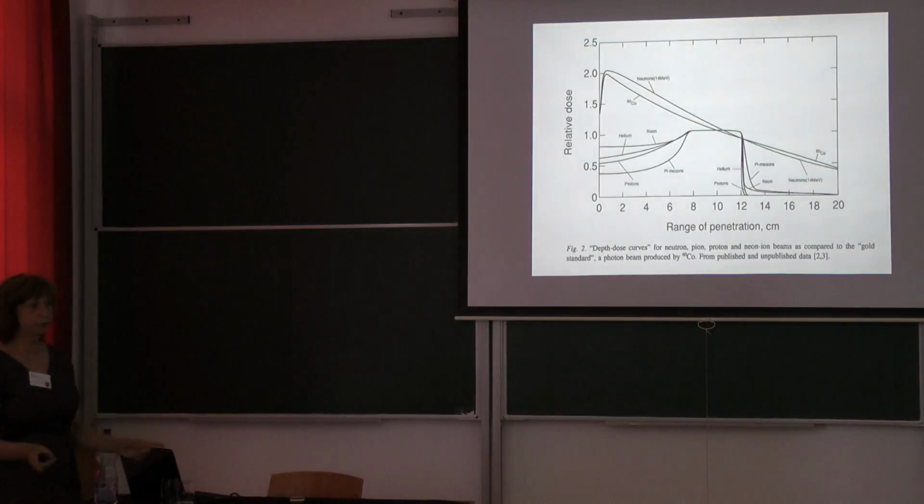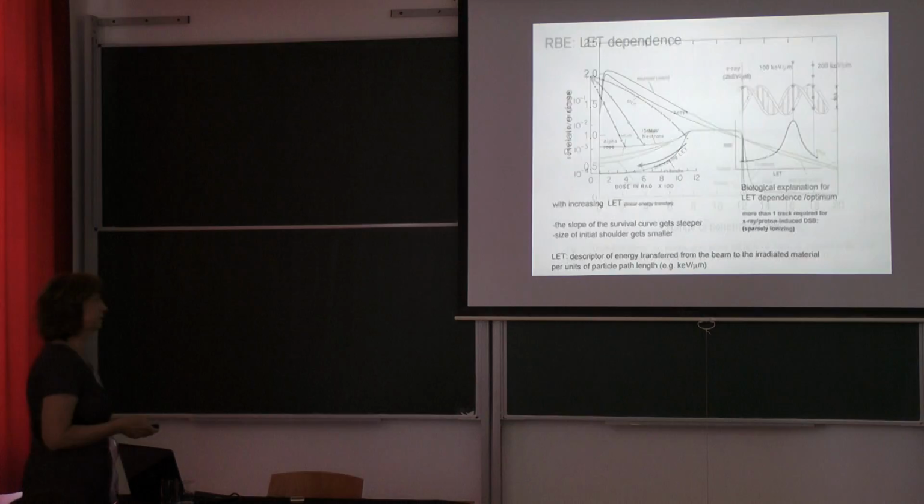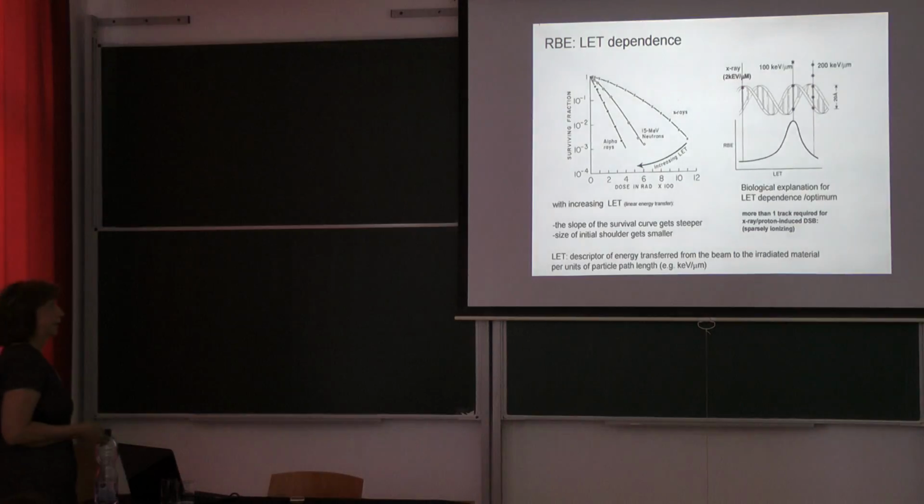And the lateral fold of this beam can be quite favorable as well. It is only to remind you that high LET results in high RBE, so there are particles like neutrons and, among the charged particles, the carbon ion, for example, which have high linear energy transfer, densely ionizing properties.